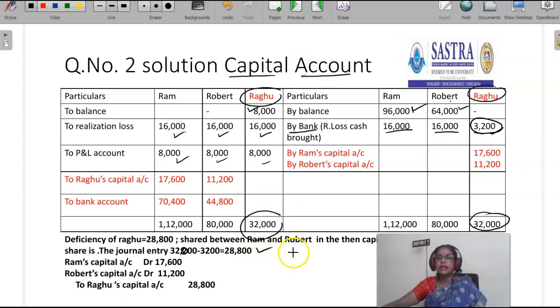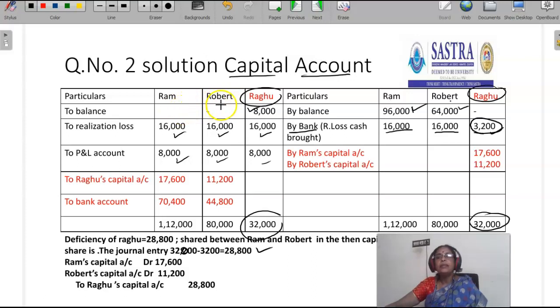Okay. First step, we should calculate the deficiency of the insolvent partner. The deficiency of the insolvent partner is 28,800. That should be borne by the solvent partners in their then capital ratio.